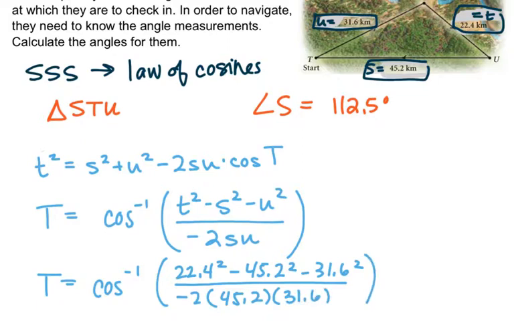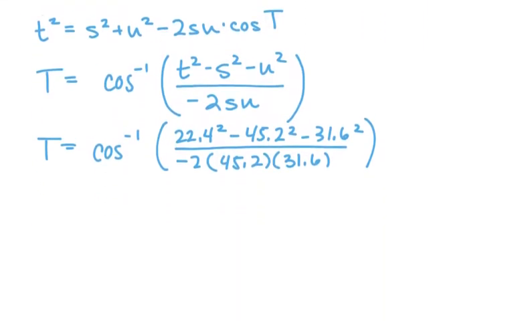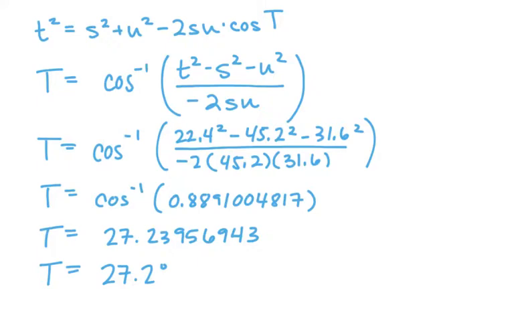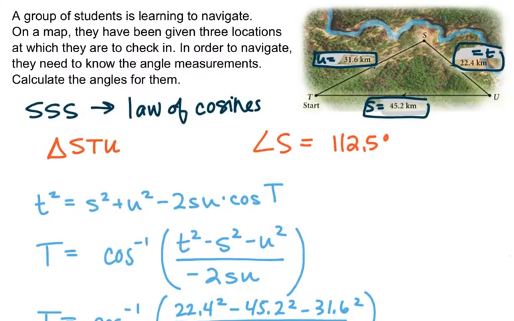So performing these calculations in our calculator, simplifying what we have in parentheses for our argument, we get 0.8891004817. And when we take inverse cosine of that, in degree mode, we get 27.23956943. And of course, then we round that to 27.2 degrees.